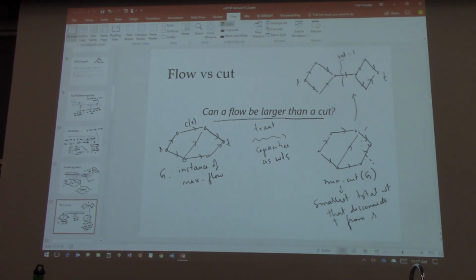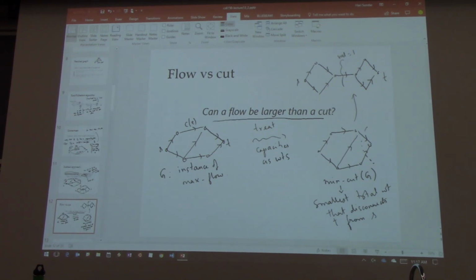The most it could have done is flood all those edges, right? The most it could have done is have those edges flowing to capacity. And in that case, the amount of flow going from the S side of the cut to the T side of the cut is at most the sum of these edges.